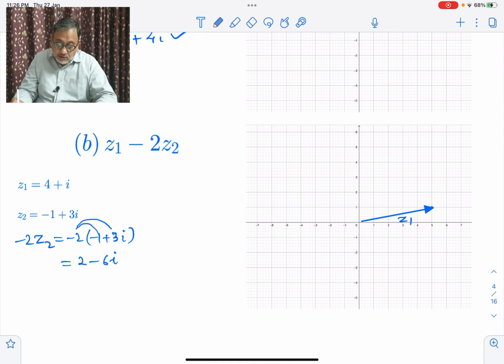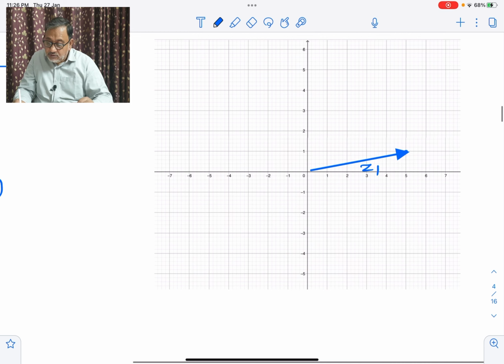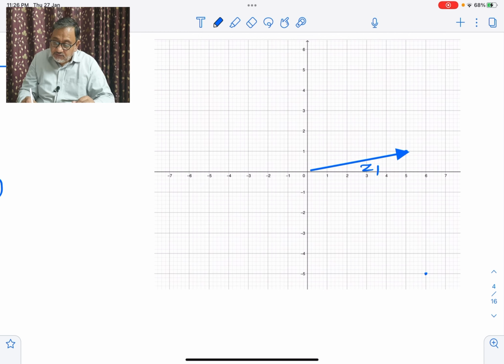Positive 2 and negative 6 will come at minus 5, because 1 unit is already here, and for 6 units, 1 unit is here and 5 units are here. So like that, total negative 6 units.